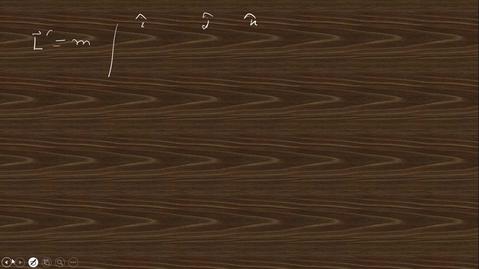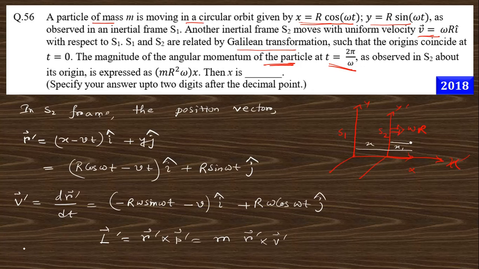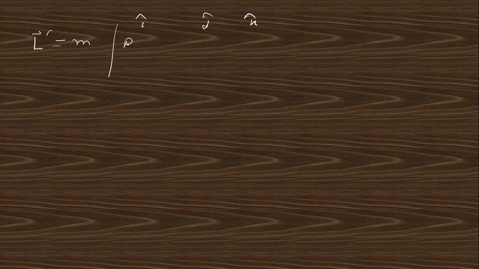The components of r are r cos omega t minus vt, and r sin omega t, and 0. Similarly, for v: minus r omega sin omega t minus v, and r omega cos omega t, and 0.